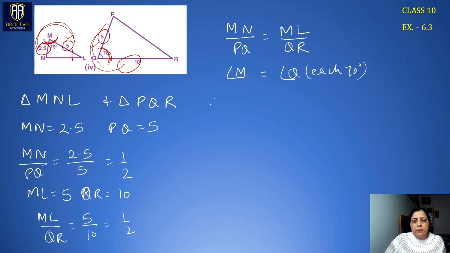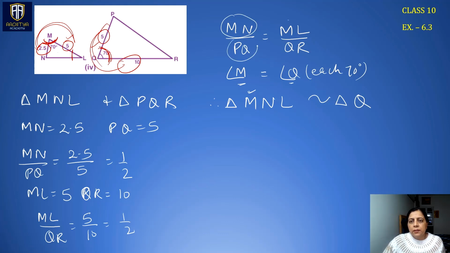So we can say that triangle MNL, again write in any order, is similar to triangle... now tell me what shall I write. Here one thing is very clear, angle M is equal to Q. So if M is at the first place, write Q here, right? Now let me analyze what should be equated with N. Take the numerator MN and check here PQ.